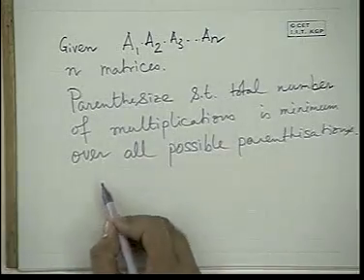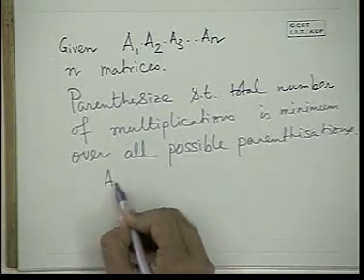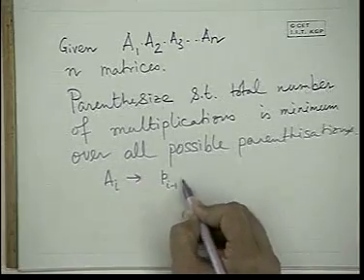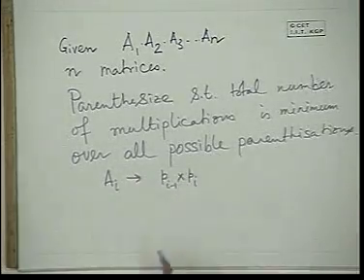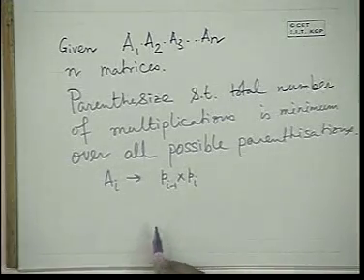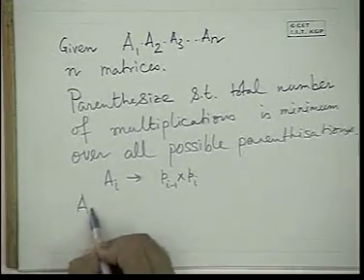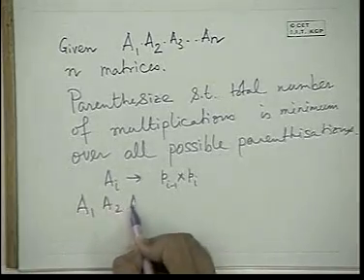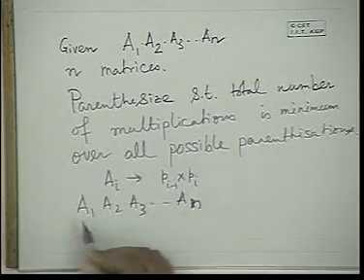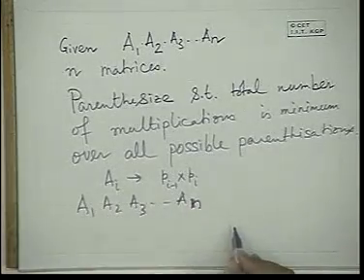So let us first denote the size of Ai, as a notation, to be P(i-1) cross Pi. When we have been given A1, A2, A3 up to An, we have been given the sizes like this, and we assume they are proper.